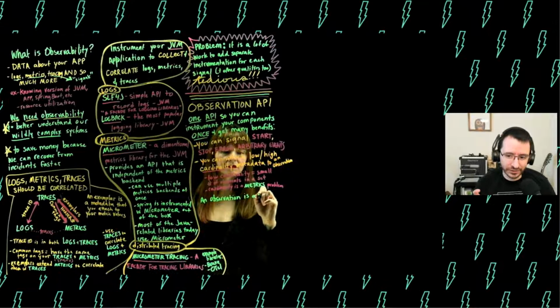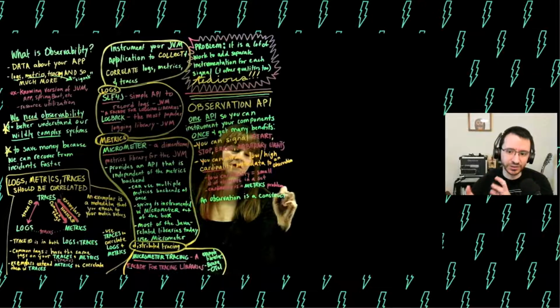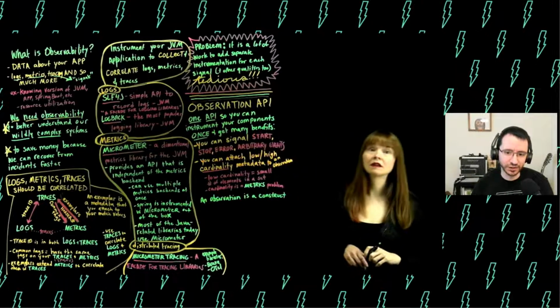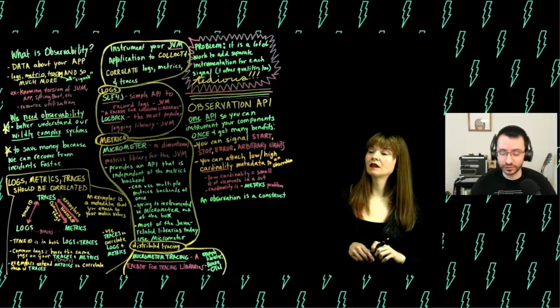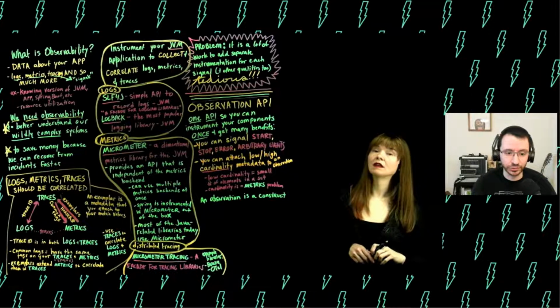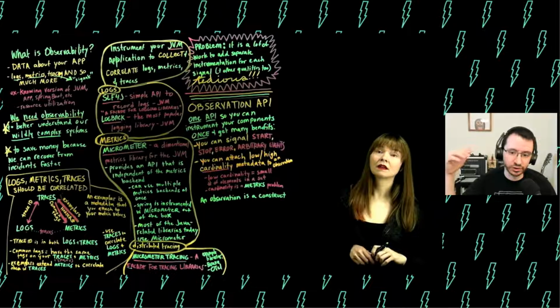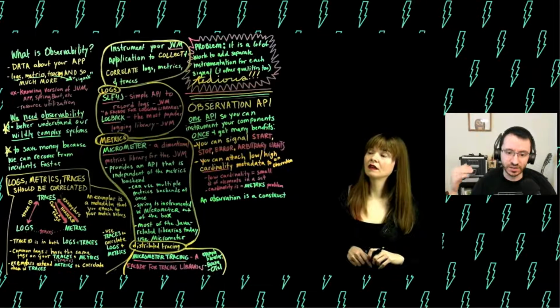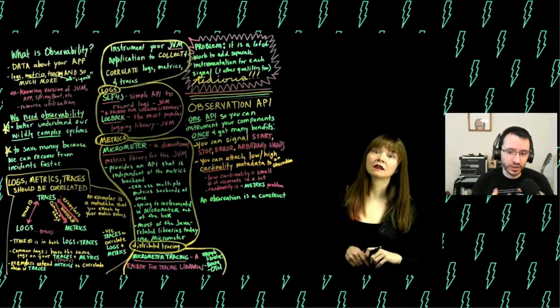It will be easier to grasp what you can do with the observation API. If you just do what you wrote on the table, you start an observation, if there was an error, you signal it, you add metadata, and then you stop the observation. Okay, but what will happen?